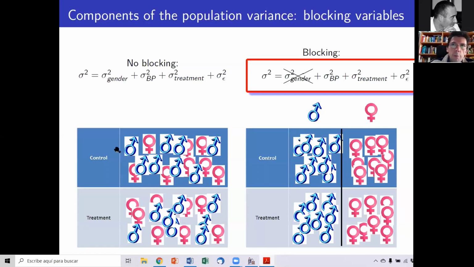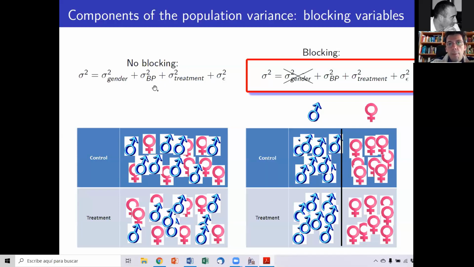So part of the variability is caused by the gender of the person I'm measuring. And then the variability of my observations, I can decompose it as a part that is explained by the gender, a part that is explained by the treatment. This is actually what I'm interested in. If I give you this treatment, I lower blood pressure, and then this lowering is a variability. So this is what I want to detect.